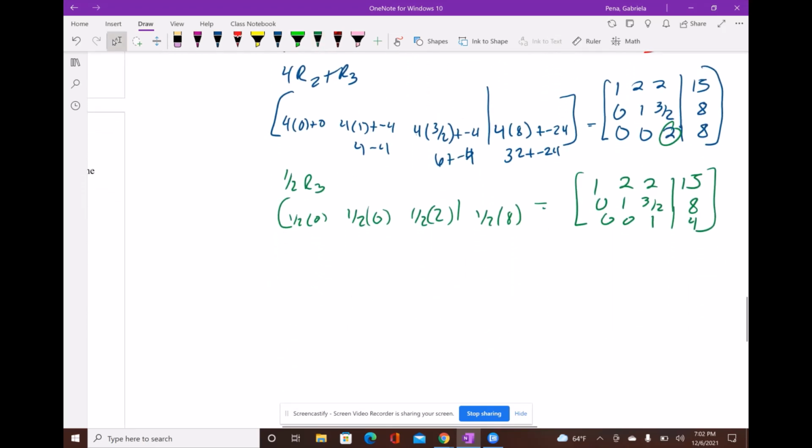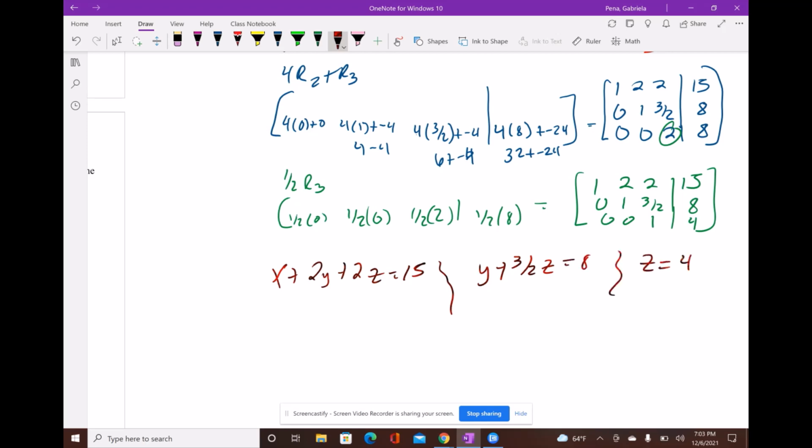So from here, we're so close, but still not there. X plus 2y plus 2z equals 15. Y plus 3/2 z equals 8, and z is 4. Z is 4, we get it from there.